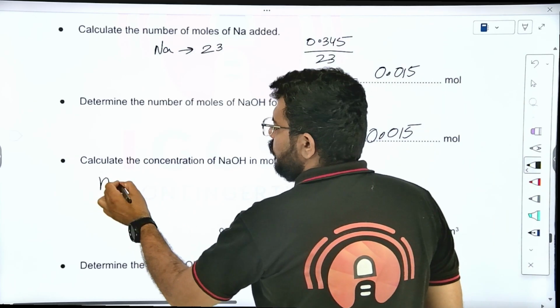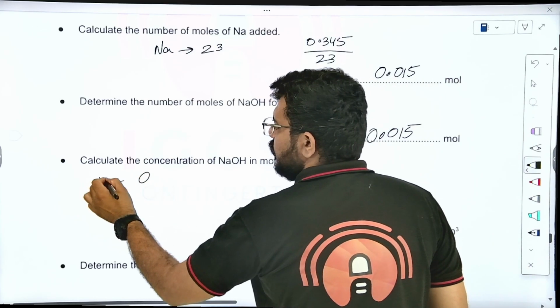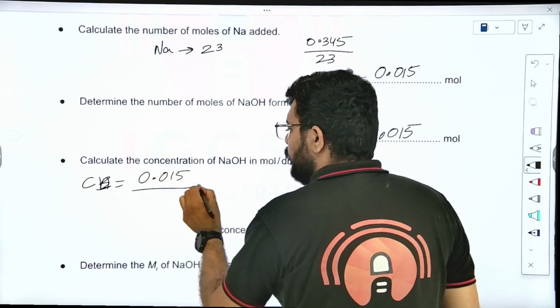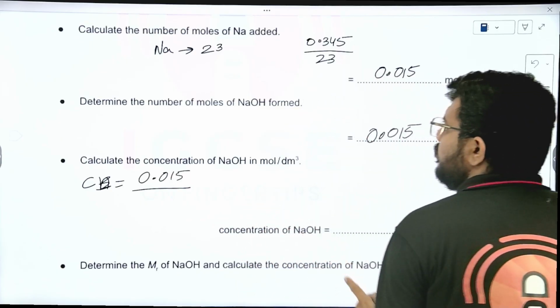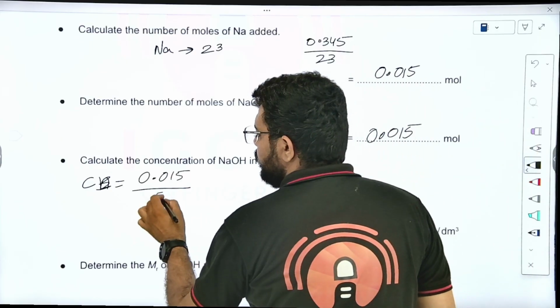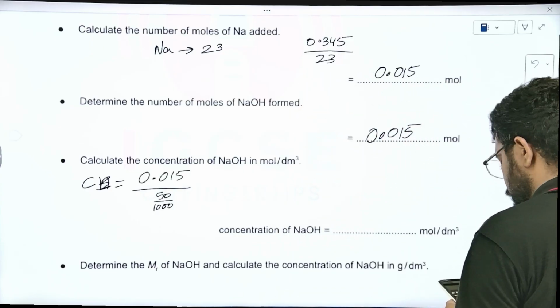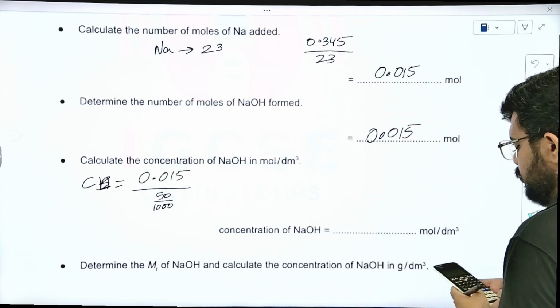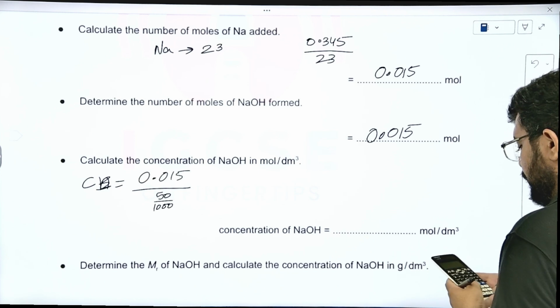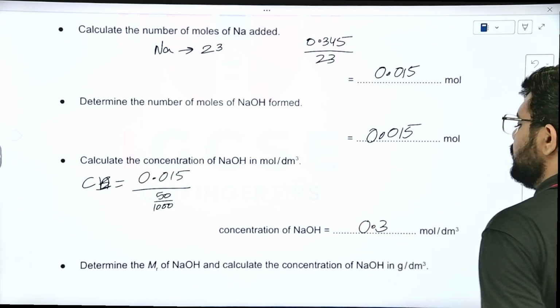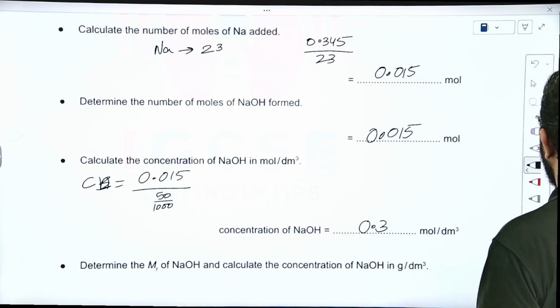So concentration is equal to number of moles upon volume. Volume was 50 centimeter cube, so 50 upon 1000. I need to change that 50 to dm cube. When I put this in my calculator, I find that the concentration is 0.3 mole per dm cube.